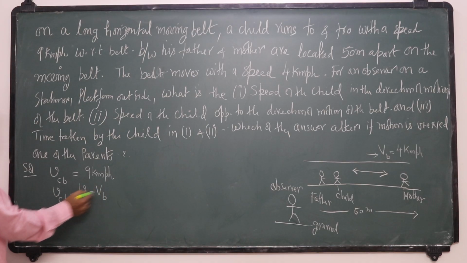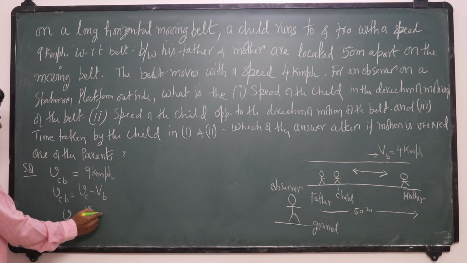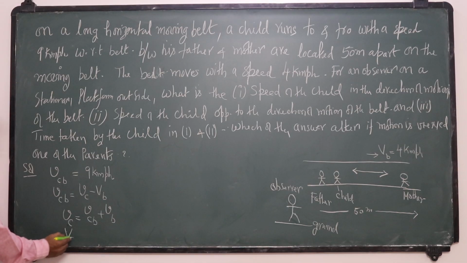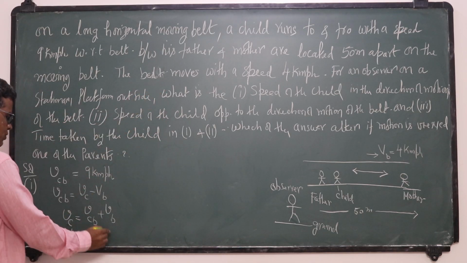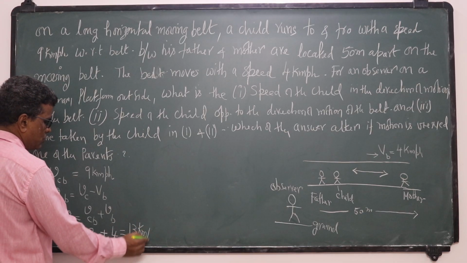Since both are moving in the same direction, speed of the child is VCB, 9, plus velocity of the belt, 4. So 9 plus 4, 13 kmph.